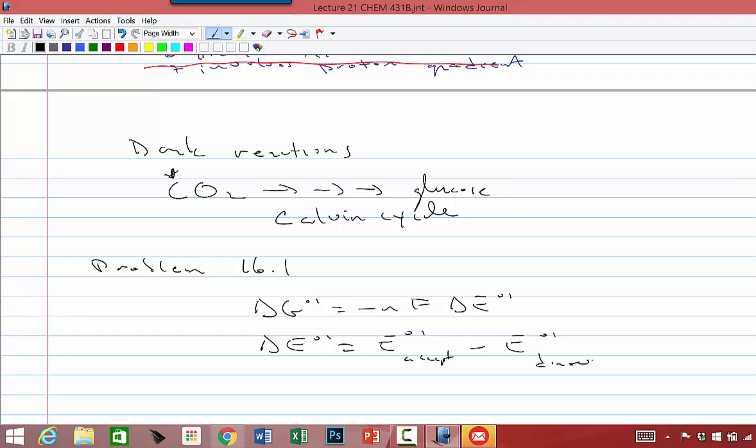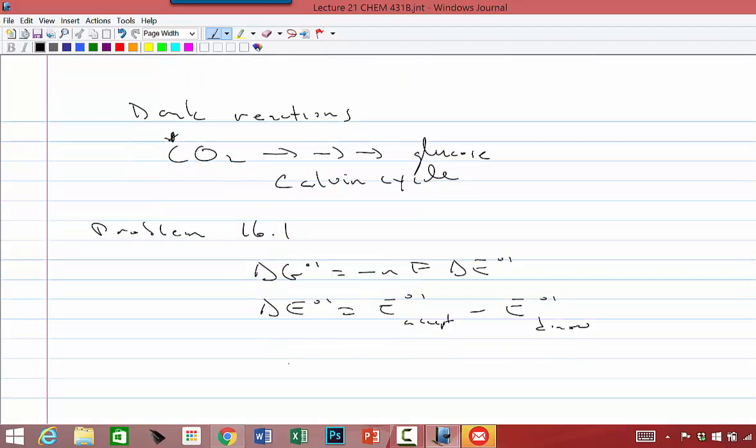And the two volts that we were looking at was 0.4 volts, and the other one was minus 1.3 volts. So in this case, the acceptor is going to be the 0.4 volts, and the donor will be the minus 1.3 volts.